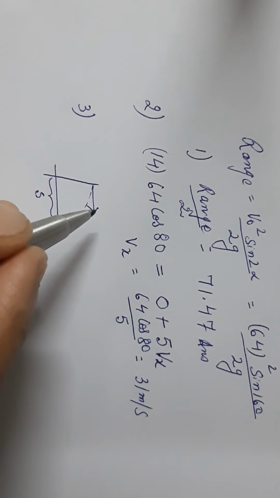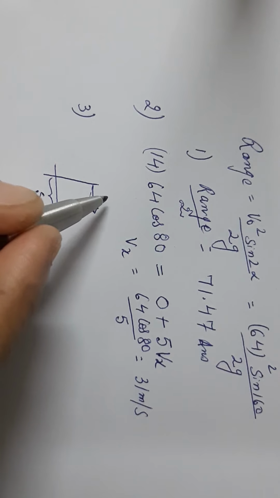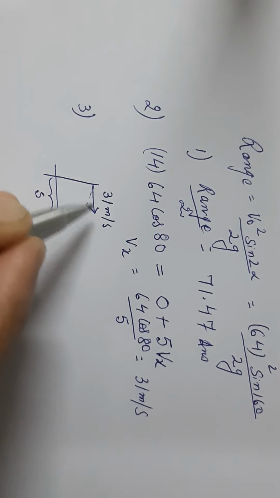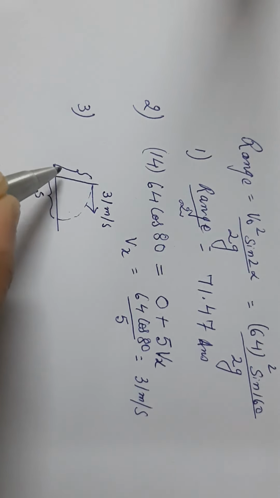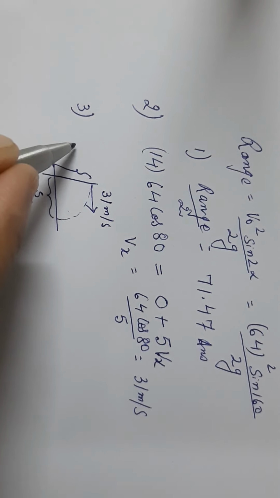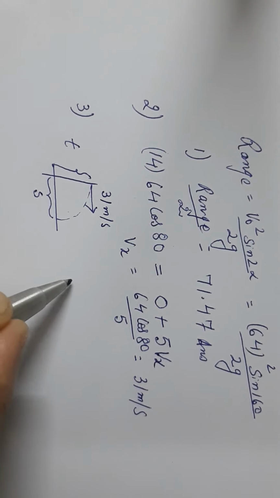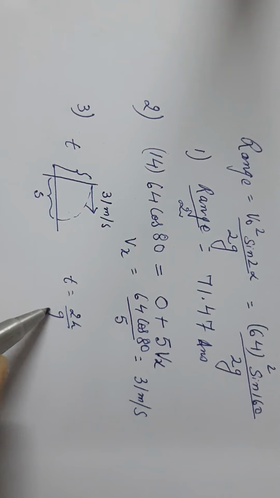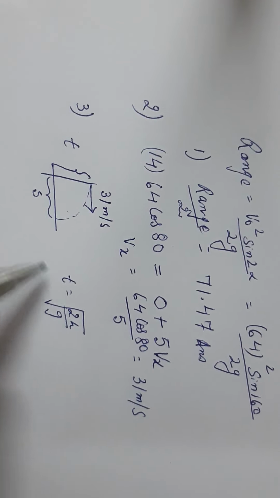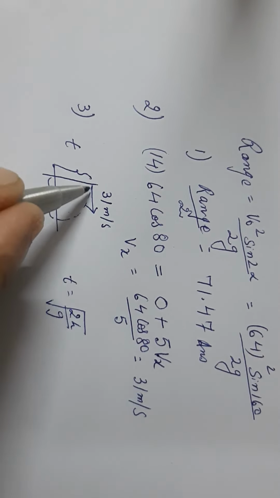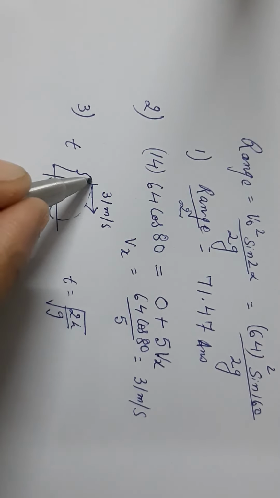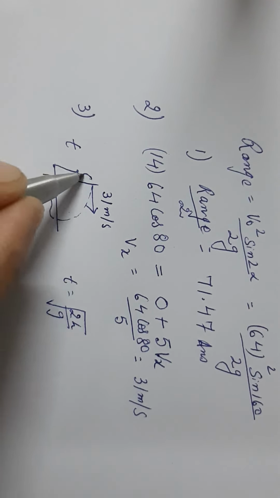The particle is moving at the topmost position with 31 meter per second, and it has a time t which, as per the formula, is the square root of 2h by g, where h is the height from here to here. This height is known to us.